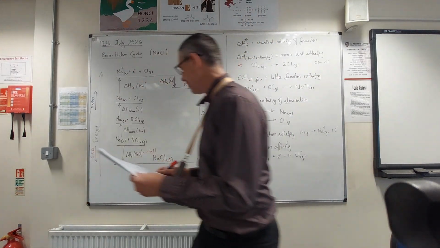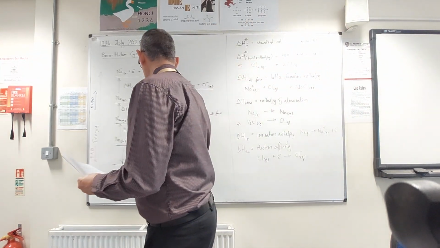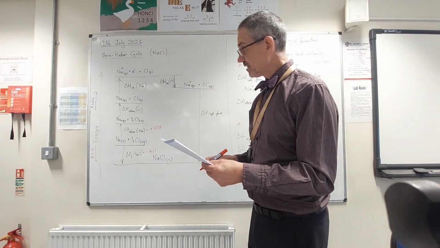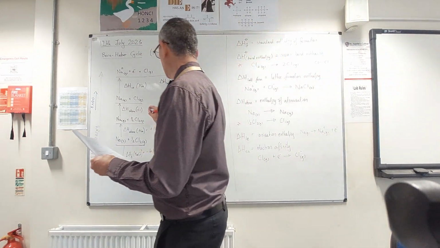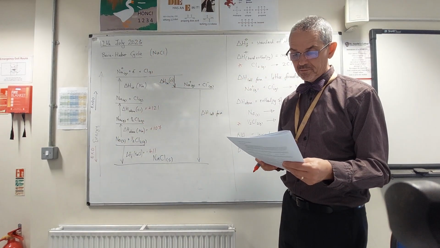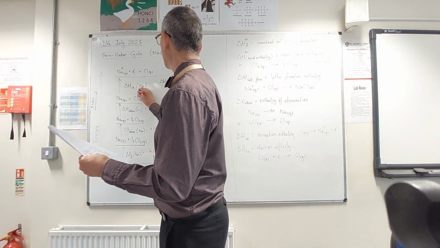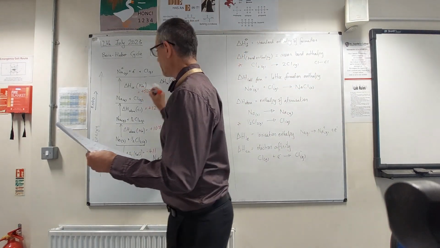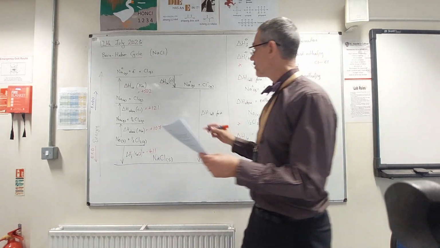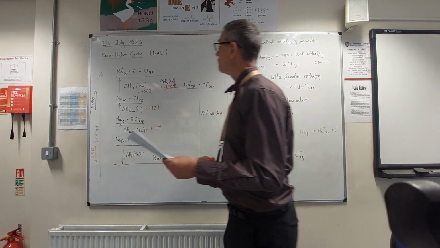Minus 411. The atomization of sodium, plus 107. The atomization of chlorine, plus 121. The first ionization energy of sodium, plus 502. And the electron affinity of chlorine, minus 355.